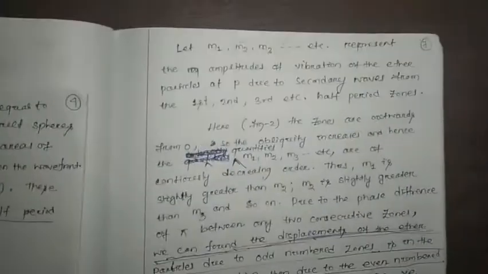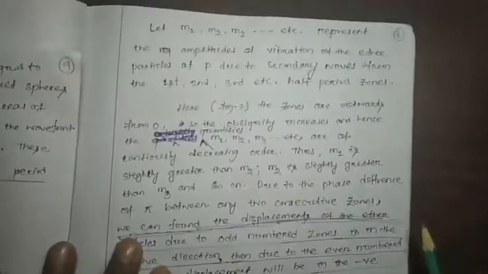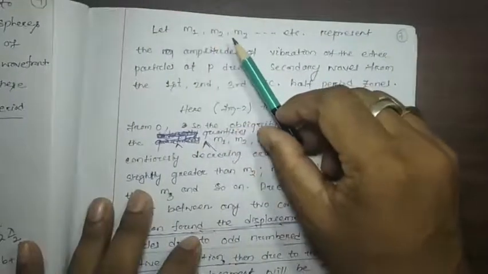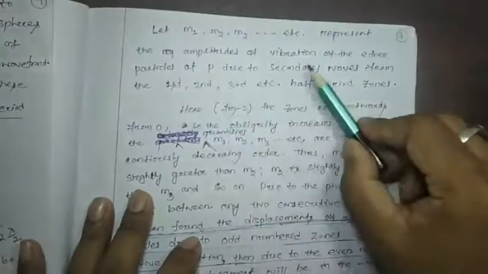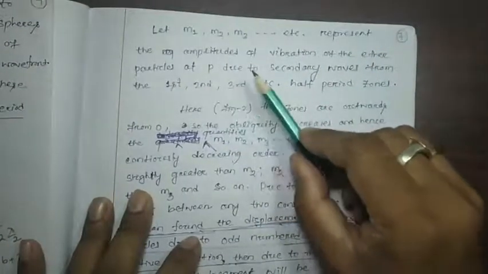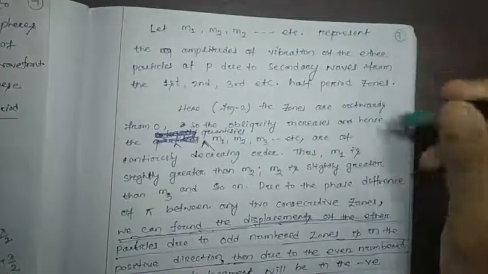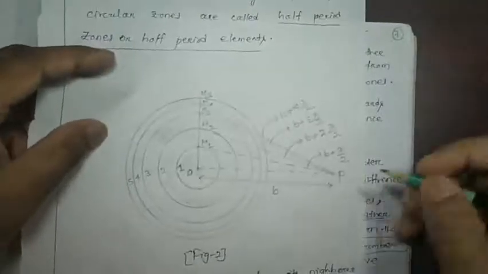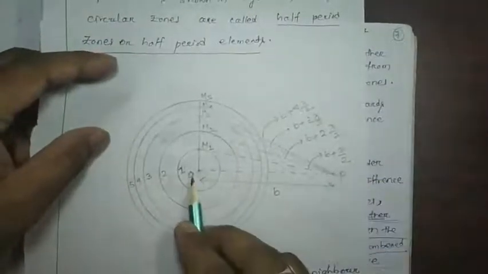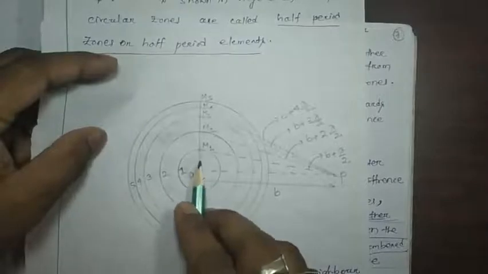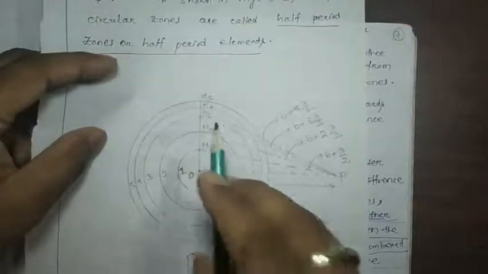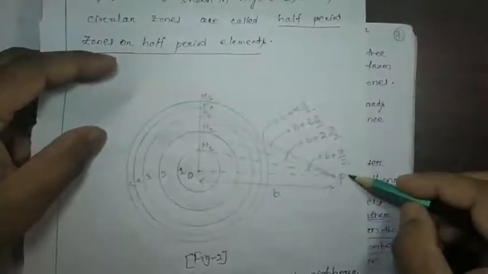So now, to calculate the resultant intensity at point P, we consider that M1, M2, M3, etc. represent the amplitude of vibration of the ether particle at point P due to secondary waves from the first zone, second zone, third zone, etc. That means at point P, due to the propagated waves coming from the first zone, second zone, third zone, we get some disturbance.